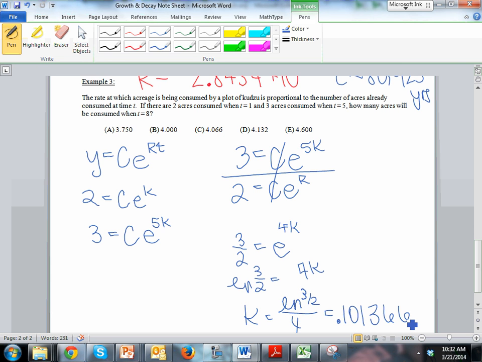Let's plug that in when t is 1, because then we just have a coefficient of 1 for k. And what does that make c? You have to take 2 divided by that. 1.8. Go a little further.